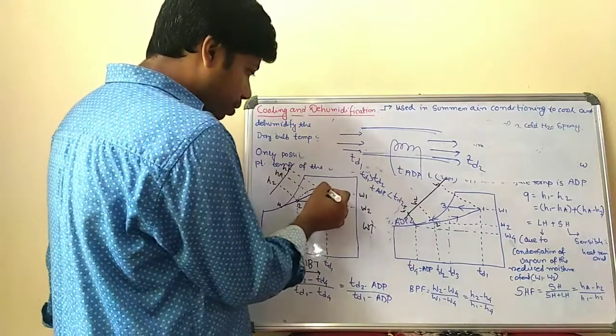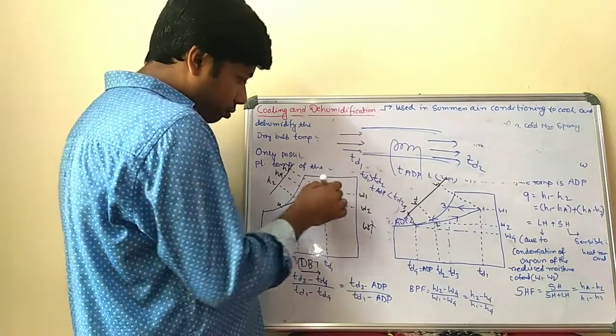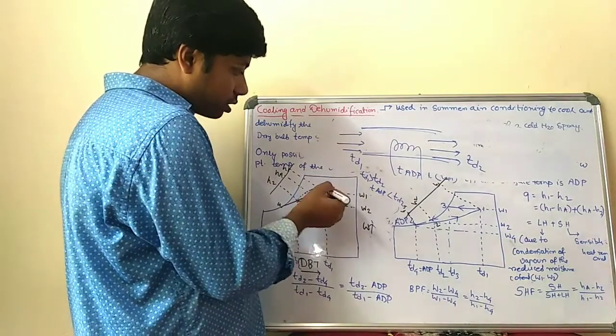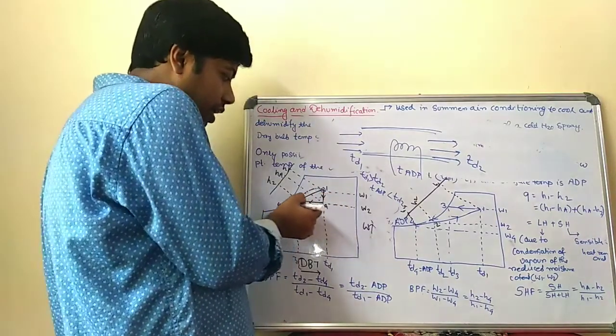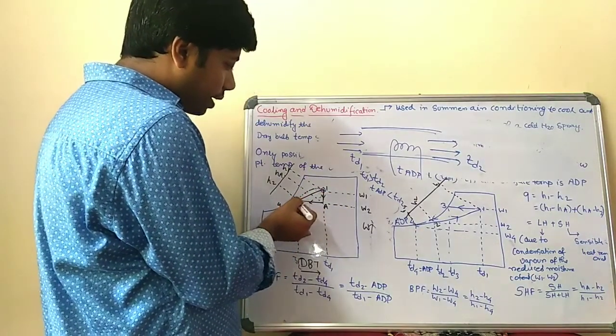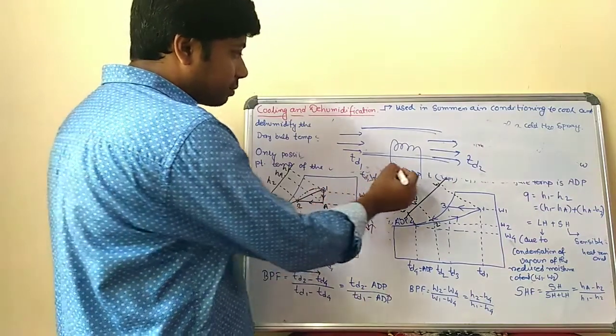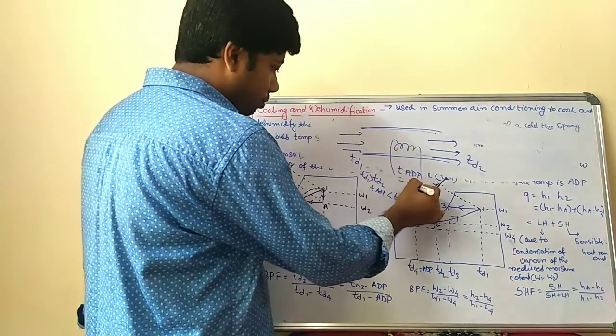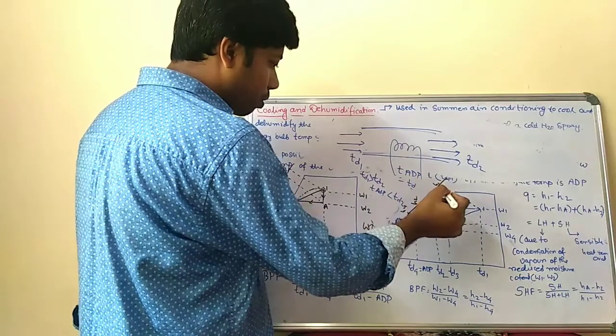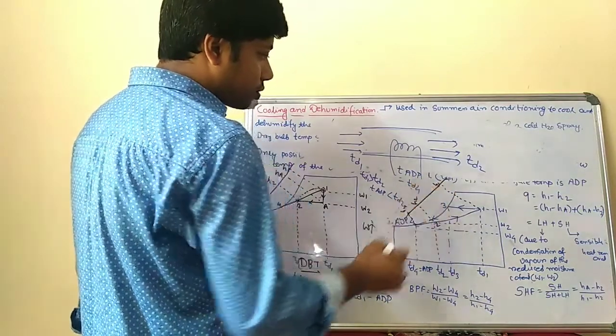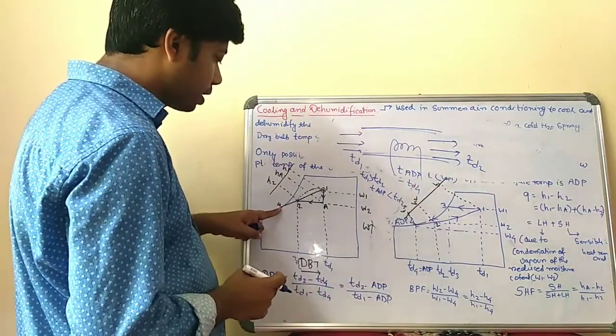So if you go through this process, you can do this 1 to A as well as A to 2, and the apparatus dew point temperature is basically TD4. So this is the TD4 temperature.